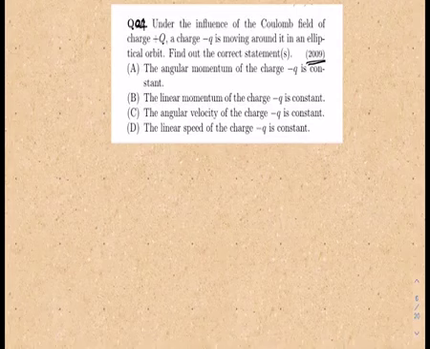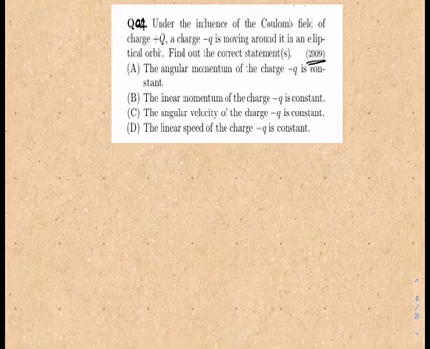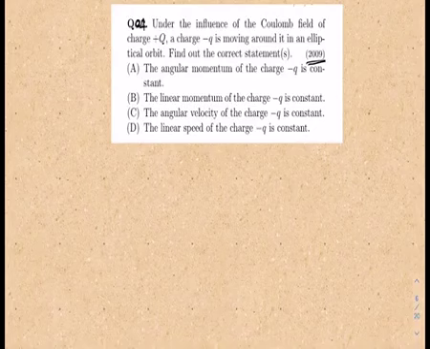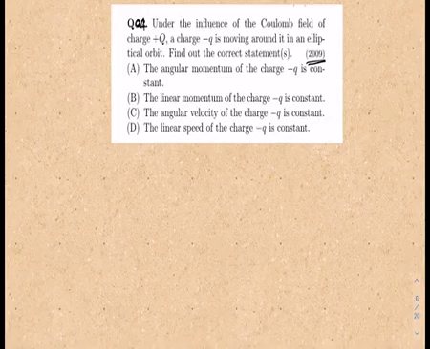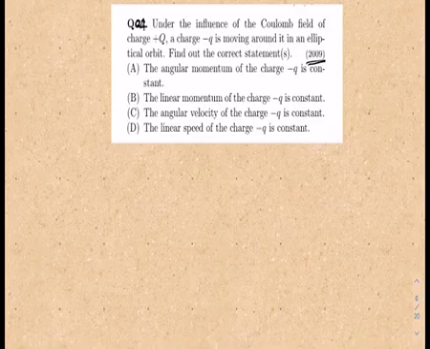Option A, angular momentum of the charge minus q is constant. B, the linear momentum of charge minus q is constant. C, the angular velocity of charge minus q is constant, and fourth option D is linear speed of charge minus q is constant. Okay, let us do this problem.